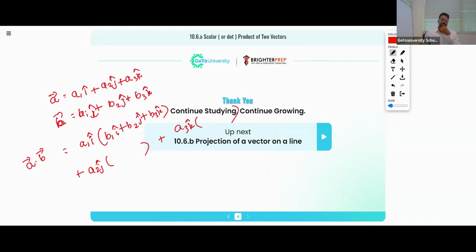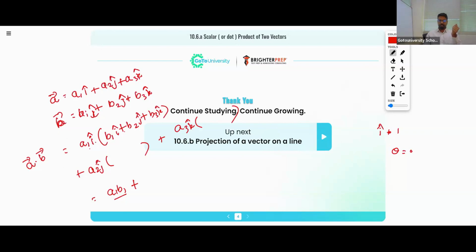Now, when A1 and B1 are multiplied, fine. What is I into I? I is a unit vector, and the other one is also a unit vector in the same direction, so theta is 0 and cos theta is 1, so it remains A1 B1. Whereas A1 B2 will be cancelled because they are perpendicular to each other and cos 90 is 0.